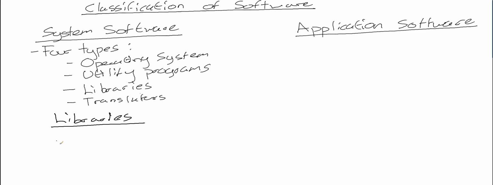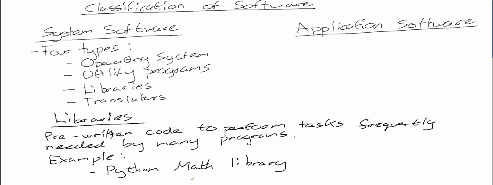So a programmer might use the function in Python to generate a random number, and the code to actually generate the random number would be stored in a library. Okay, just to recap then, a library is some pre-written code which is used to perform tasks frequently needed by many other programs. An example might be the Python math library.